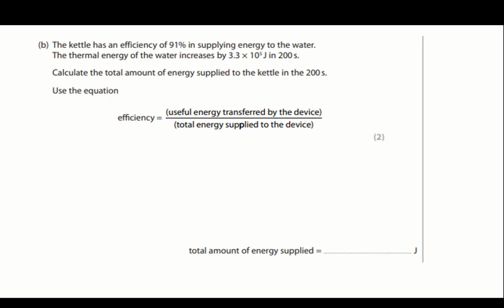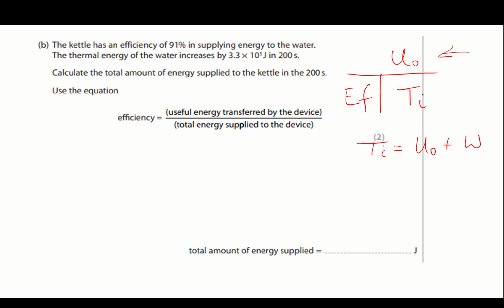Next one, the kettle's got an efficiency. So we've learned efficiency: useful output over total input. I've also taught you to be really, really careful, because sometimes they'll get you to work this out by giving you the wasted energy. So remember, this will sometimes come in useful: total input equals useful output plus any wasted energy, just in case they try to catch you out.